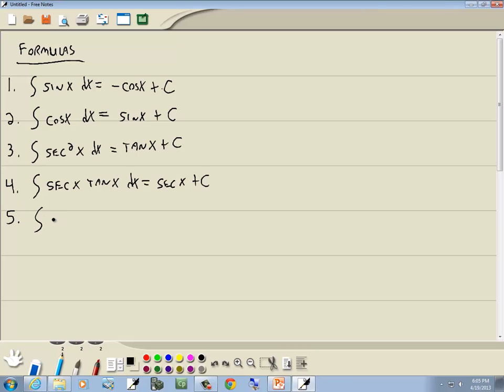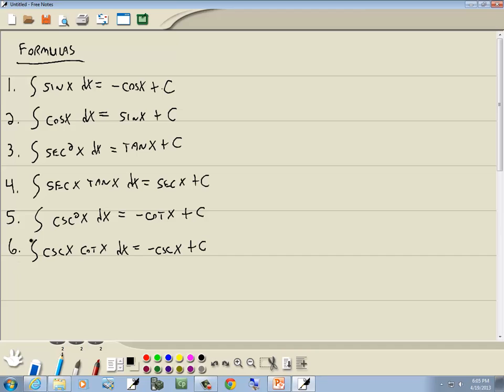The integral of cosecant squared is going to equal negative cotangent. The integral of cosecant x cotangent x dx is going to equal negative cosecant x plus c.